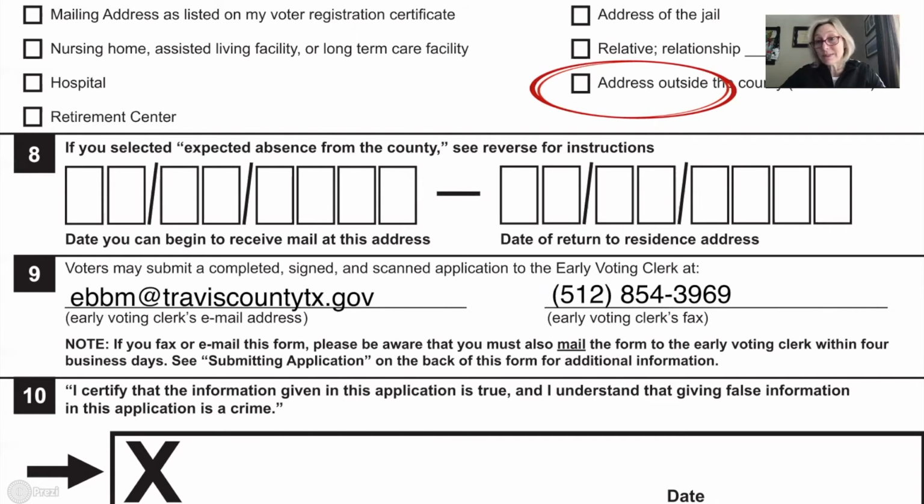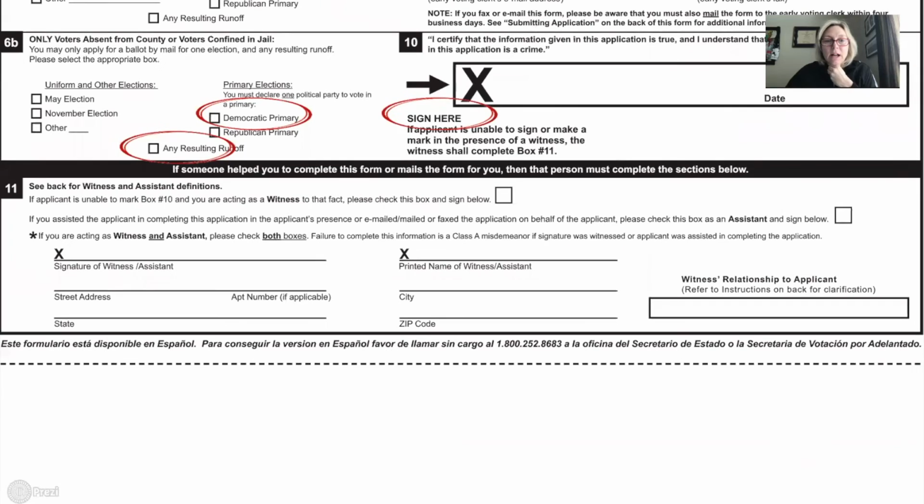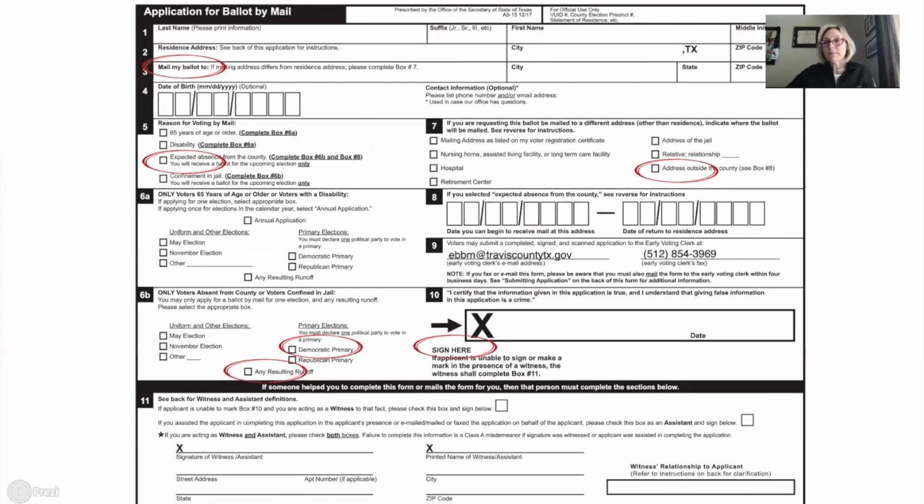So it's really important that they sign here, so that signature matches the ballot signature. That's important, or it won't be processed. However, if for some reason that person can't sign, the witness can sign for them and they would fill out box 11. Okay, so that is the ballot by mail.